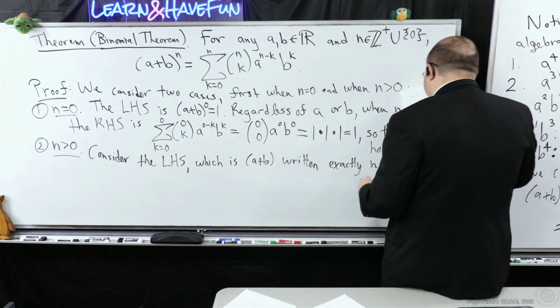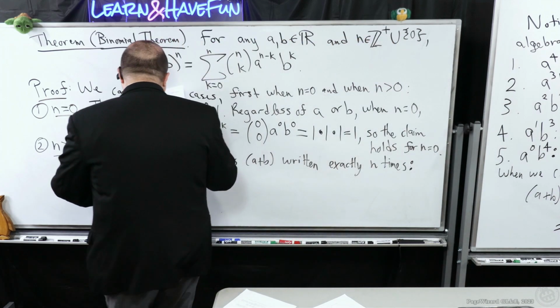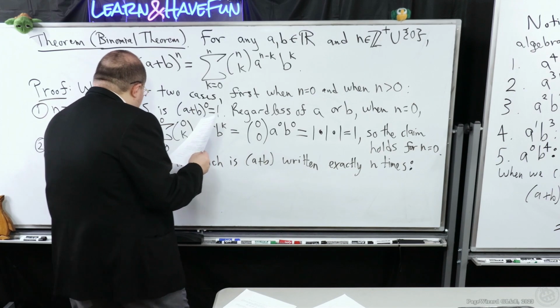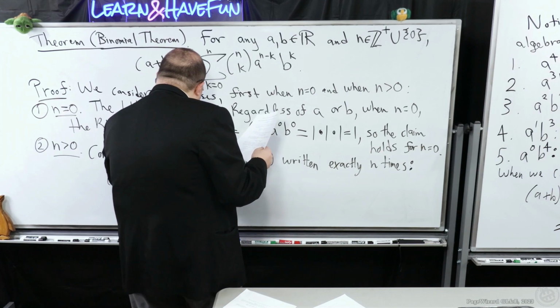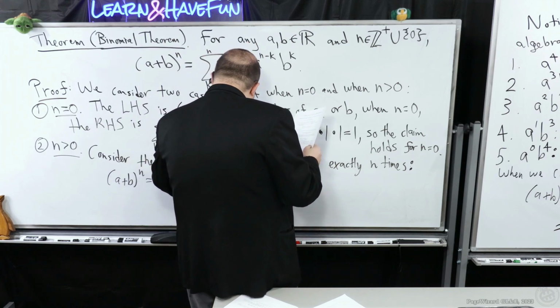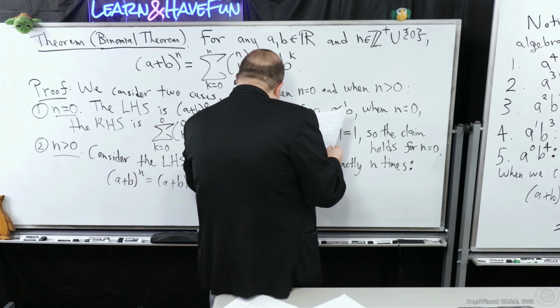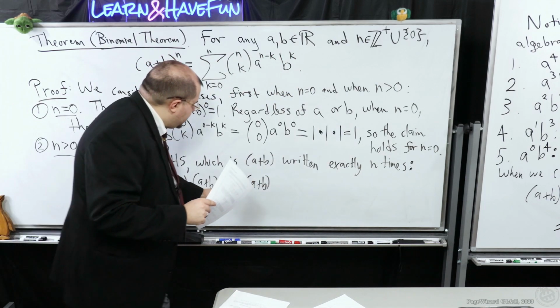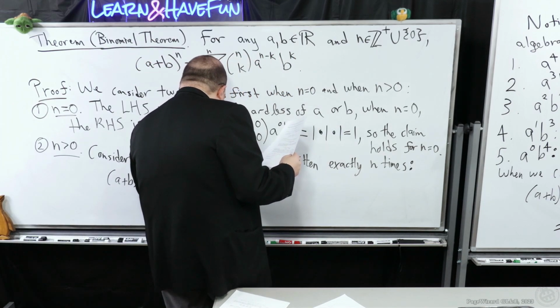It looks like this. A plus b to the power of n is equal to a plus b, and so on, a plus b. But this is written n times.